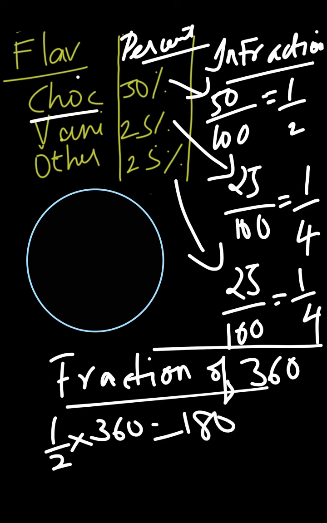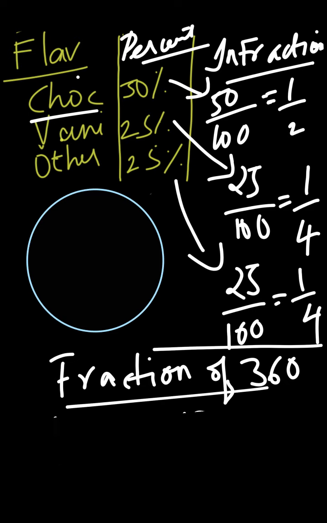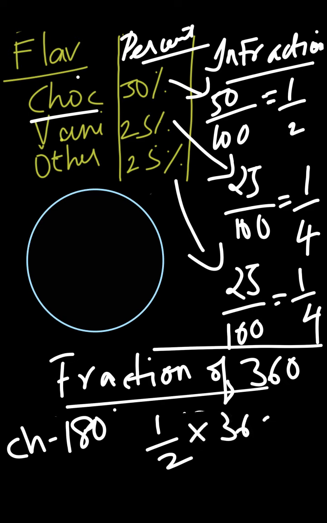So let me rub this and make a short note. Chocolate, I'll write CH, and we have 180 degrees, half of 360. The procedure I'm writing, you can copy if you want. Half of 360 is 180, simple, right?